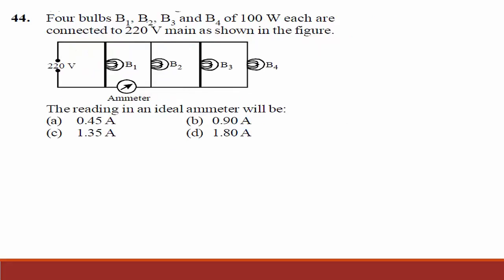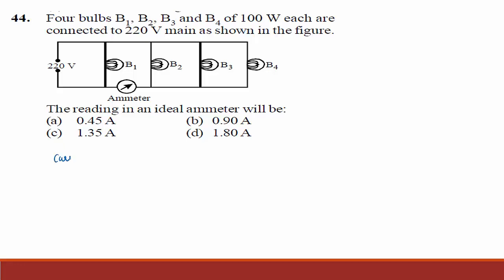4 bulbs B1, B2, B3 and B4. There are totally 4 bulbs of 100 watt each connected to 220 volt mains as shown in the figure, which is connected to an ammeter. The reading in an ideal ammeter will be, see here, we can find the current in each bulb.